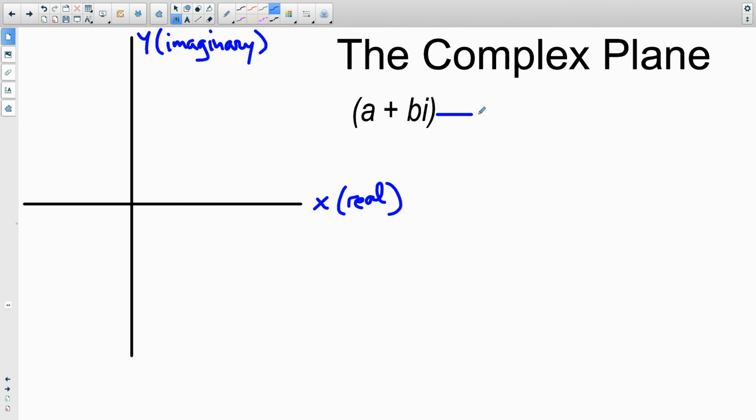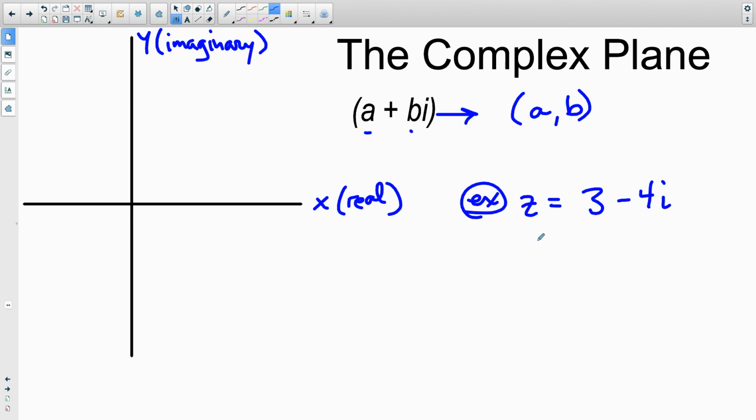It helps if you view this because our complex numbers look like they come in two dimensions already. They're a two-termed expression. a plus bi gets graphed like a comma b. So for example, if I had a complex number that I'm going to call z, and that was 3 minus 4i, we had that in the previous problem, the real part is 3, the imaginary part is negative 4.